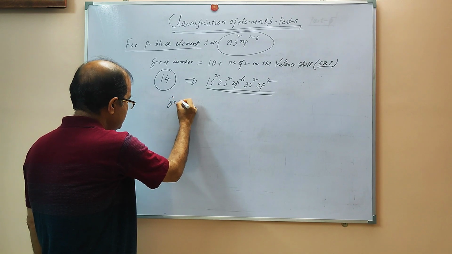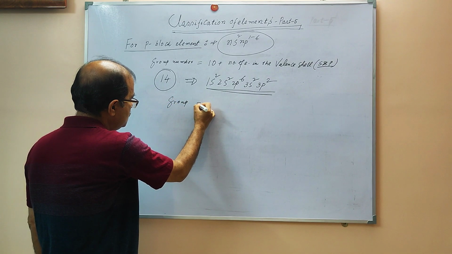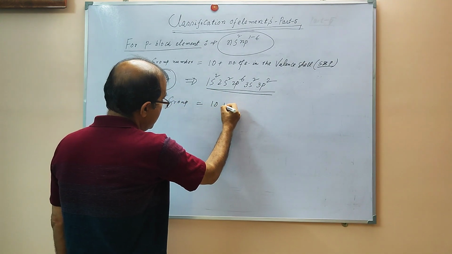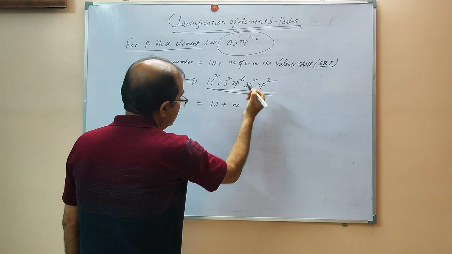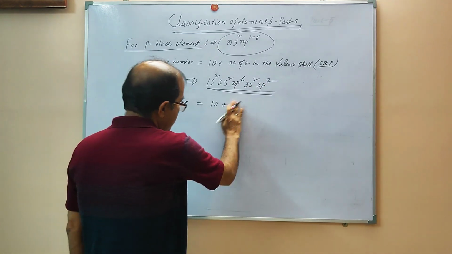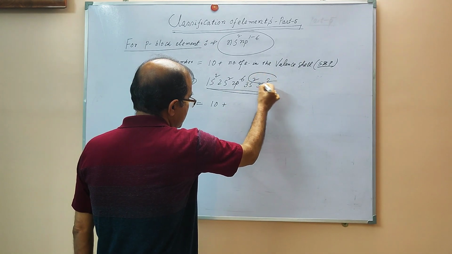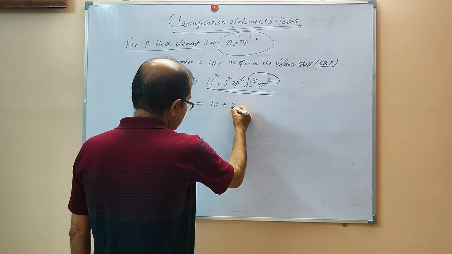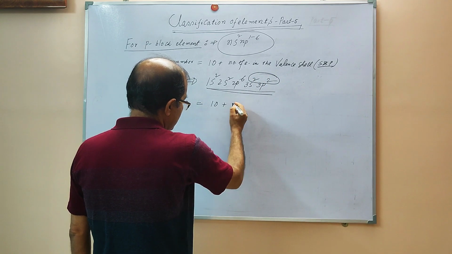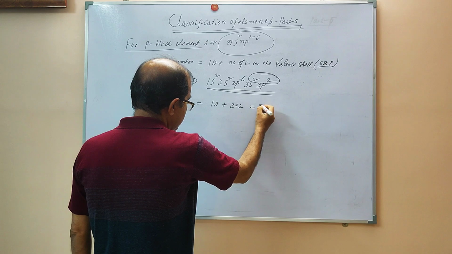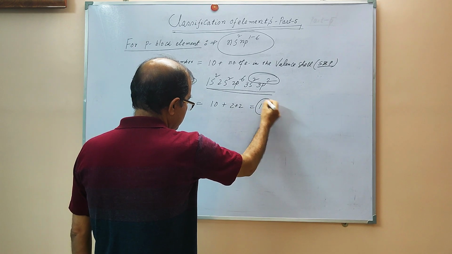The group number is, as we have already understood, 10 plus the number of electrons in the valence shell. Here the electrons in the valence shell are 2 plus 2, which means 4, so 10 plus 4 is group number 14.